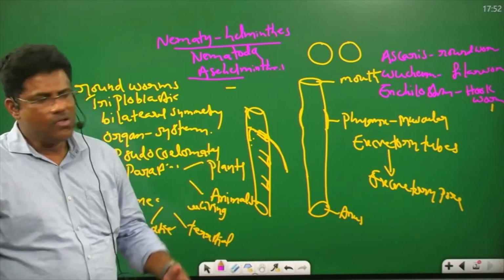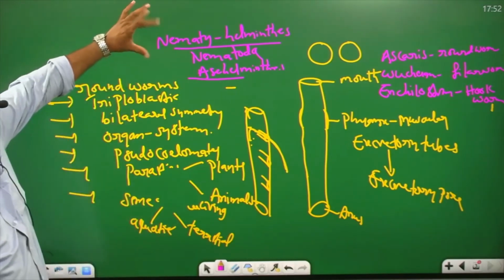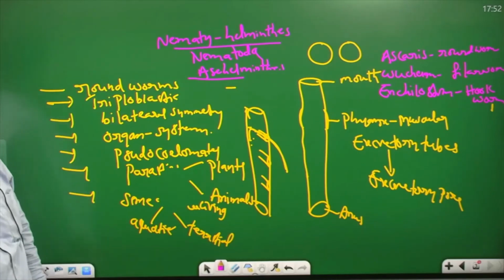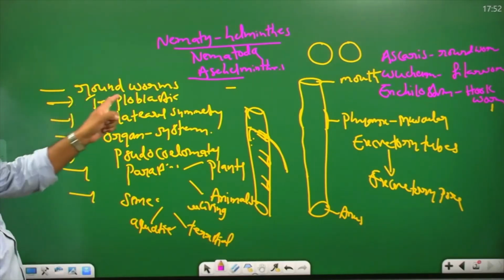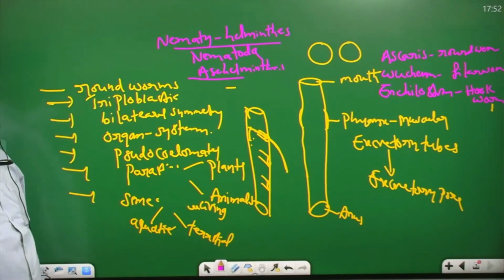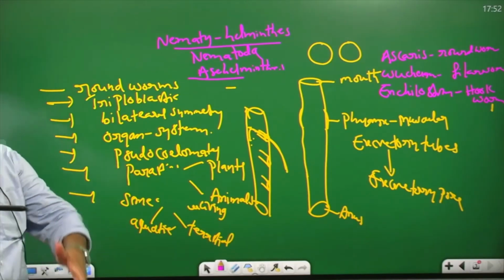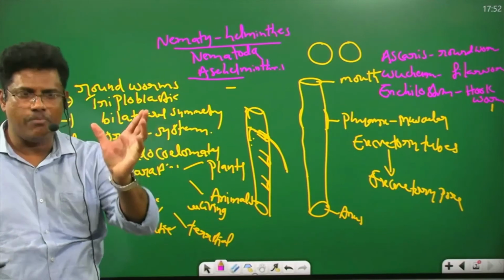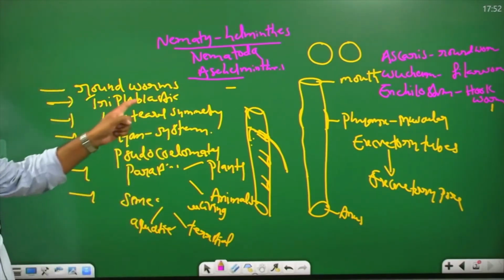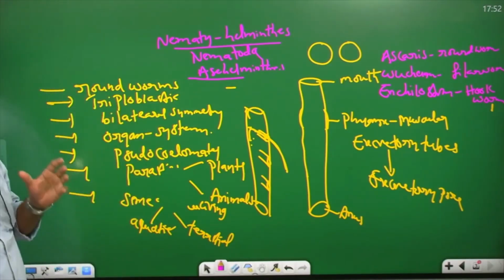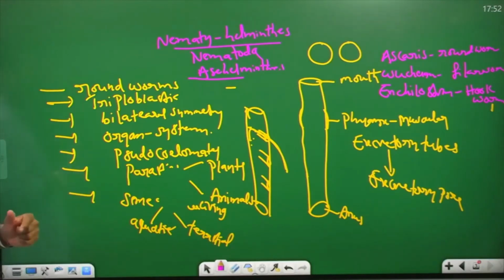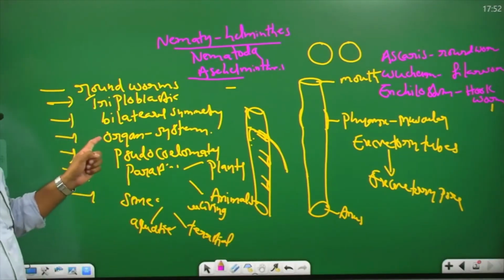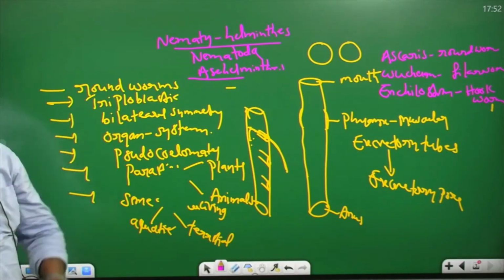Nematohelminthes is also known as nematoda, also known as aschelminthes. They are commonly known as roundworms. Their body is round; if you cut the body transversely, a round piece will come. They are triploblastic organisms with three layers: ectoderm, endoderm, mesoderm. They are bilaterally symmetrical, with organ and organ system level of organization.